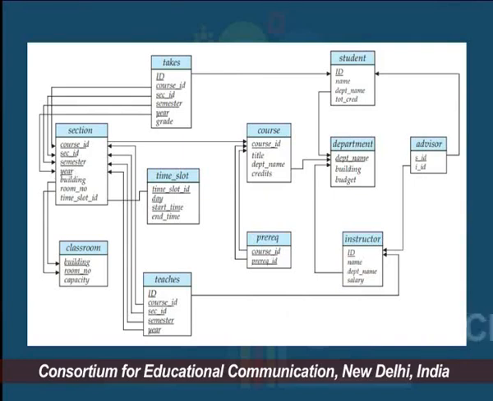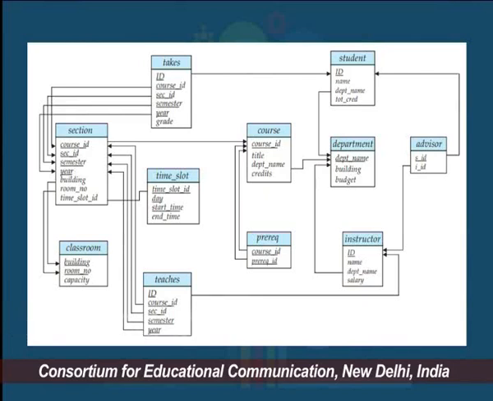So for example, in the middle of the screen we can see the course table with course ID, title, department name and credits as its fields, where course ID, shown with the help of an underline, is the primary key.